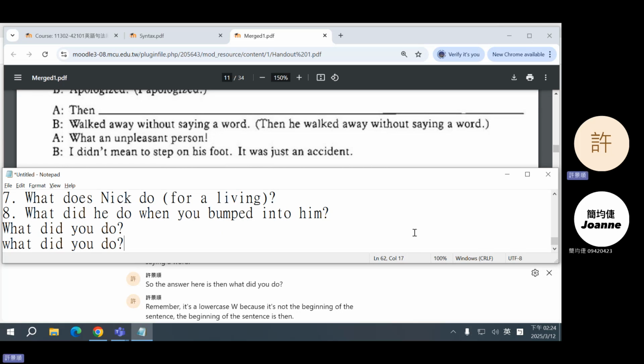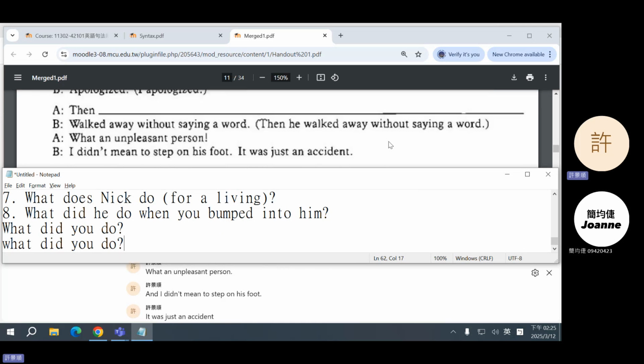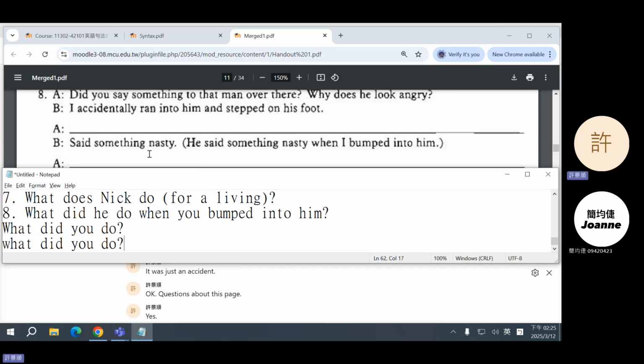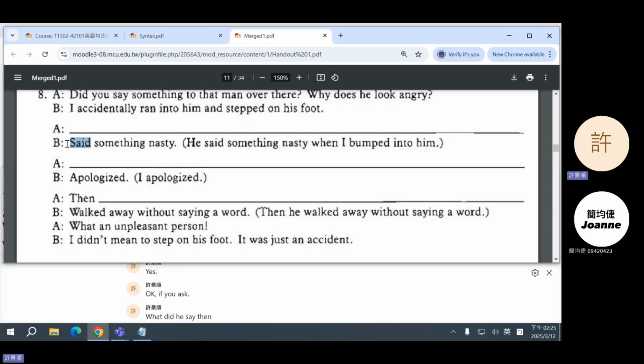What an unpleasant person. And I didn't mean to step on his foot. It was just an accident. Okay, questions about this page? Yes. Okay, if you ask what did he say, then the answer would not include said.